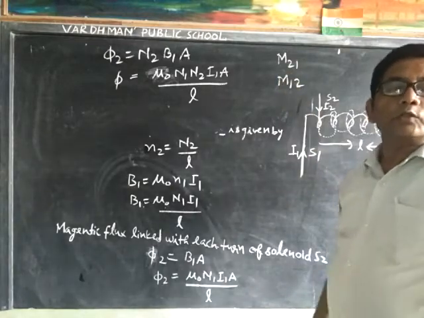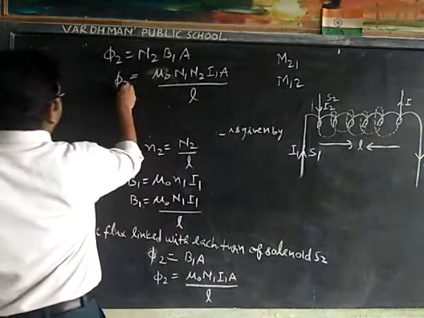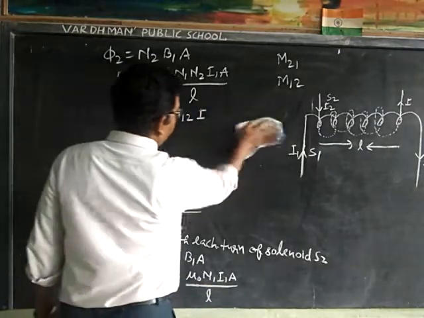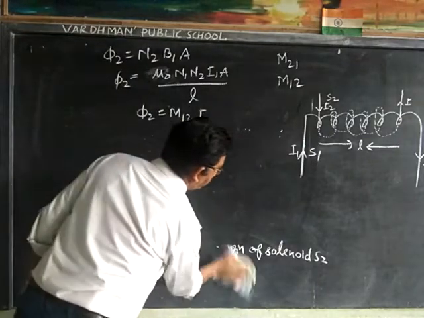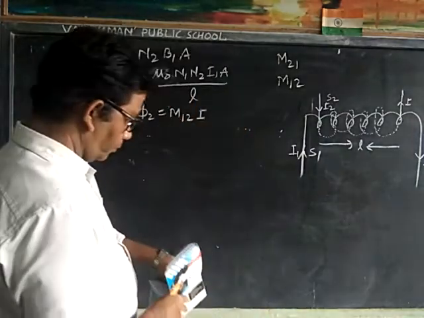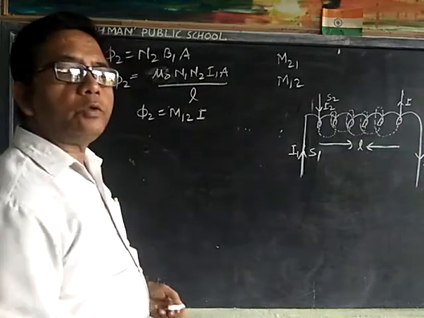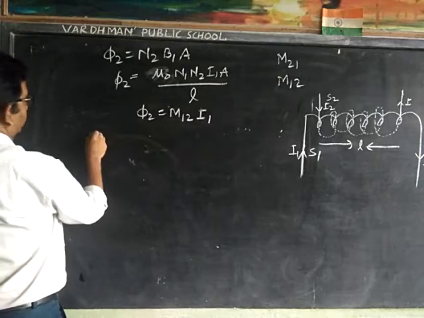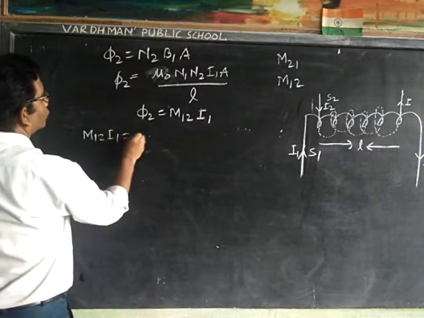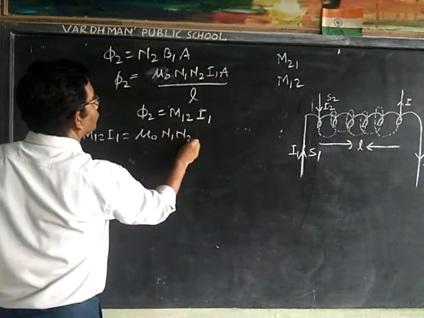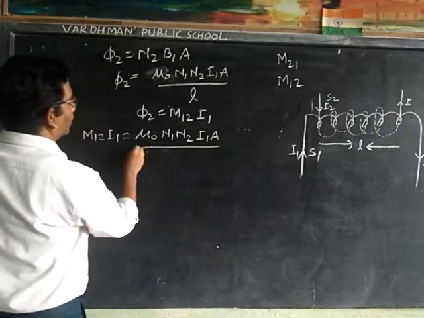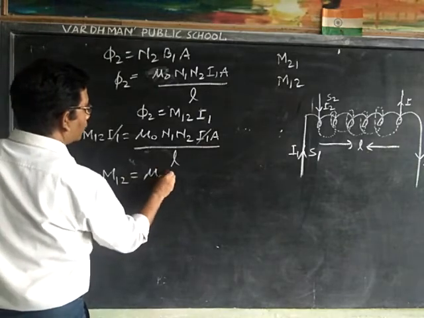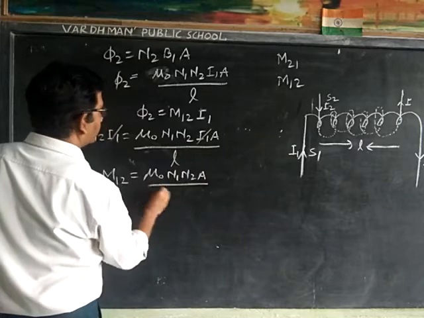Then phi 2 is equal to M12 I1. Putting it in, M12 I1 equals mu 0 N1 N2 I1 A upon L. Cancelling I1, M12 equals mu 0 N1 N2 A upon L.